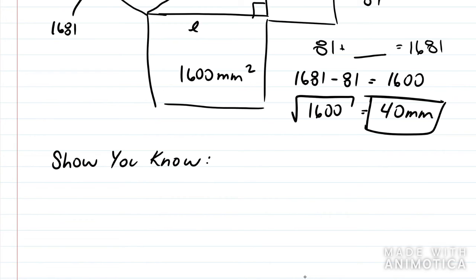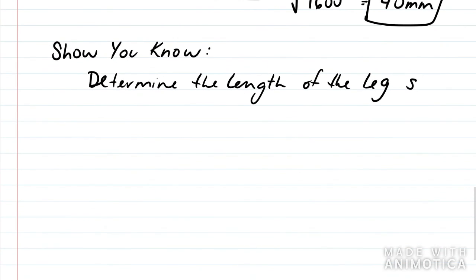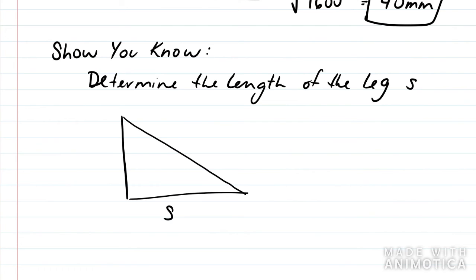Okay, so determine the length of the leg, which I'm going to label S. So there's S. We know that the hypotenuse is equal to 52 centimeters.